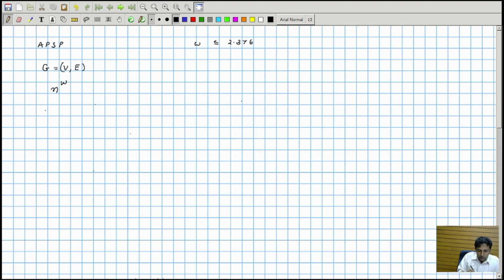And what we have achieved so far is we looked at the all pair distance problem and we developed a deterministic algorithm which can compute the distances between any two pair of points.